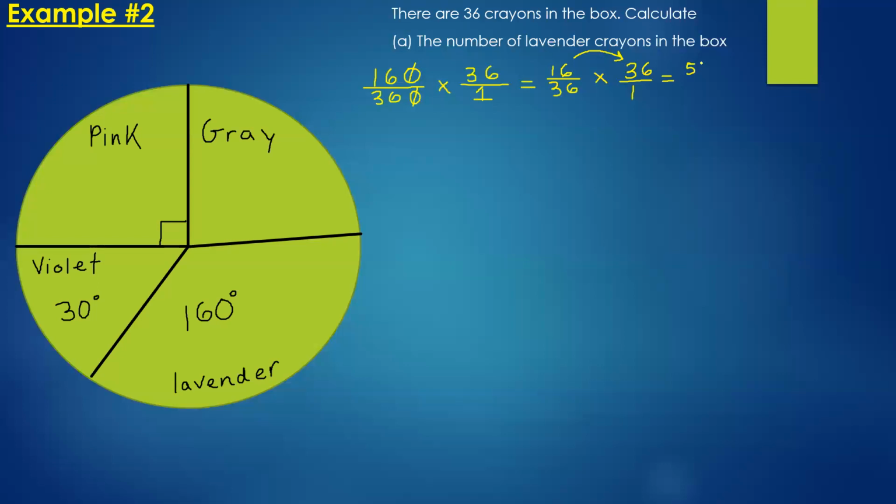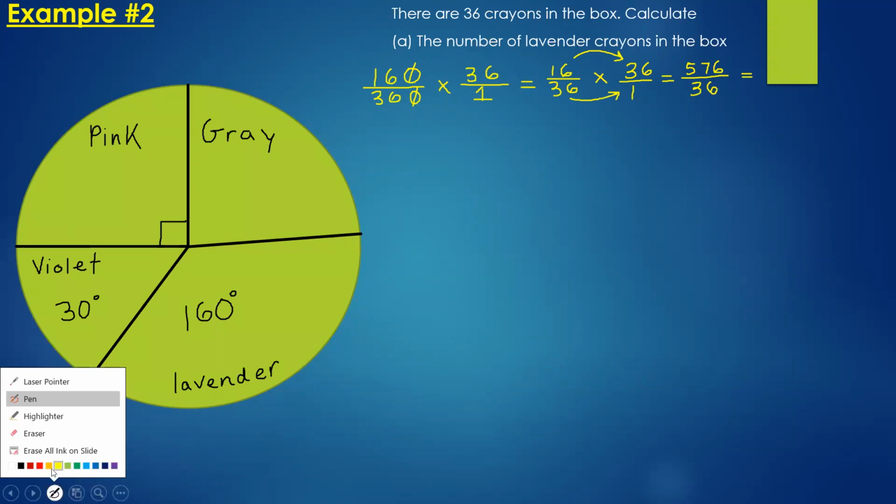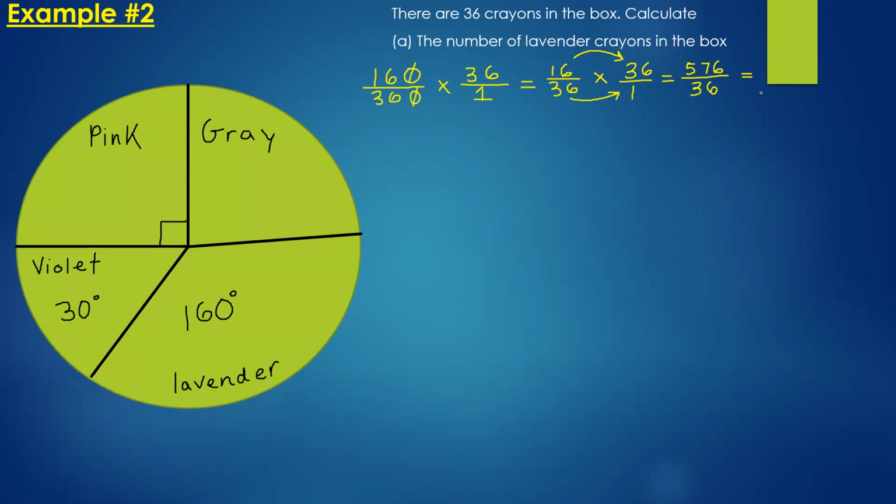Very good. 576 over 36 times 1. And what do we get? 16. So there are 16 yellow crayons in the box.